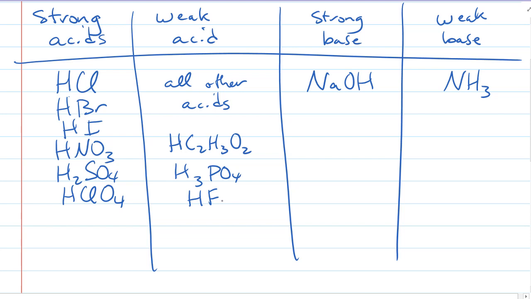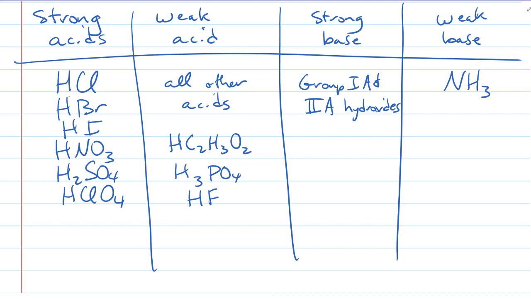And then for the strong bases, this here is going to be your group 1A and group 2A hydroxides. And what do we mean by group 1A and group 2A? That's where we look on the periodic table, right?